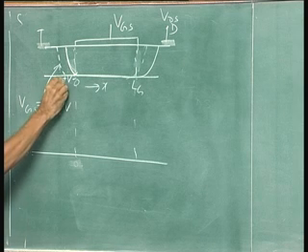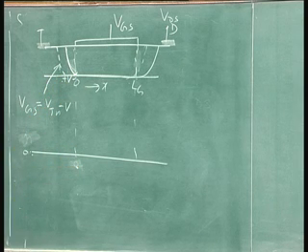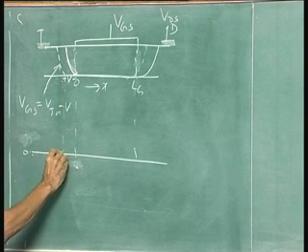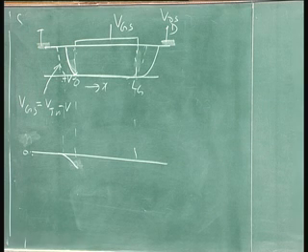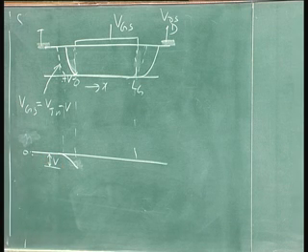0. At this point it is negative, that is at x equals 0. From here onwards I have a drop like this, that is V. This quantity is V. It is very simple, but one has to follow carefully.